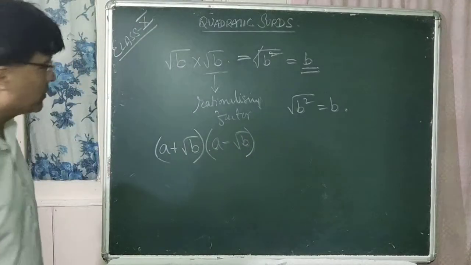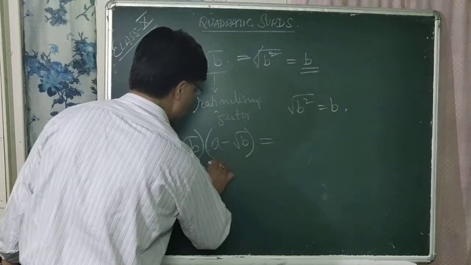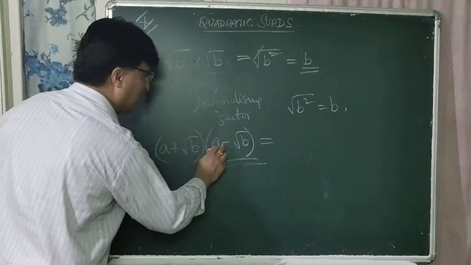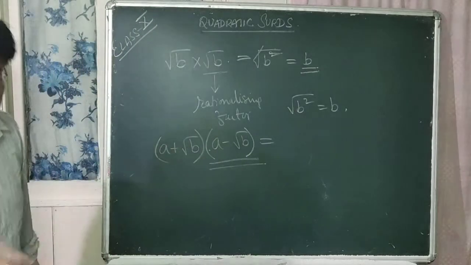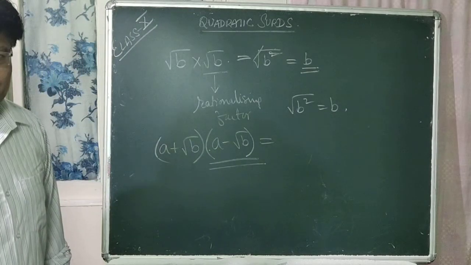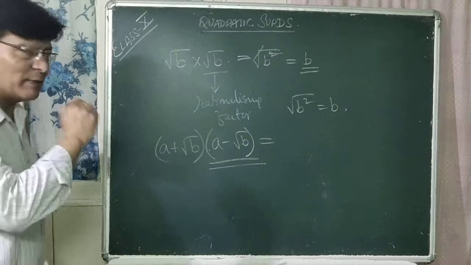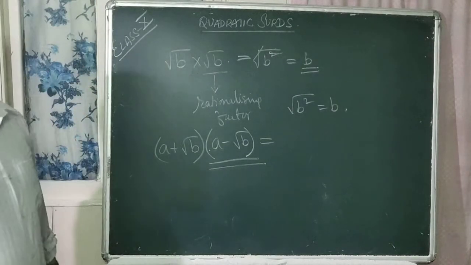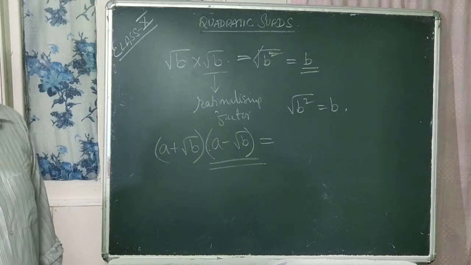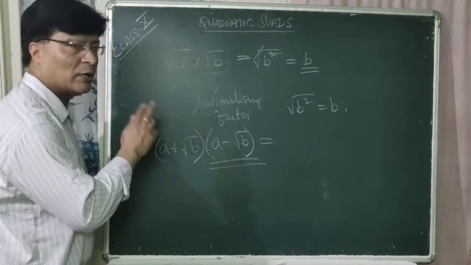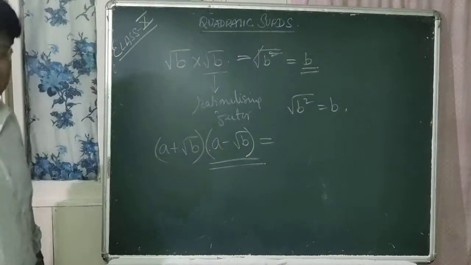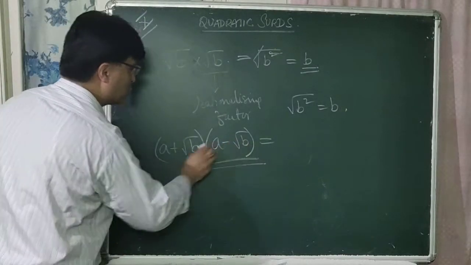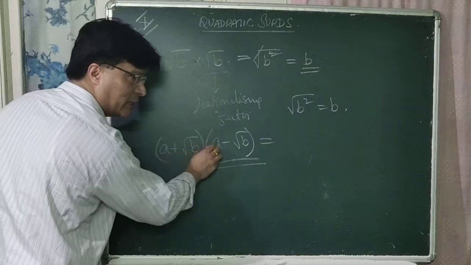Is that clear? So now we are multiplying a plus root over b by a minus root over b to remove the square root. Now let us simplify it. So how can we eliminate root over b in this case? So a plus root b into a minus root b is like a plus b into a minus b.